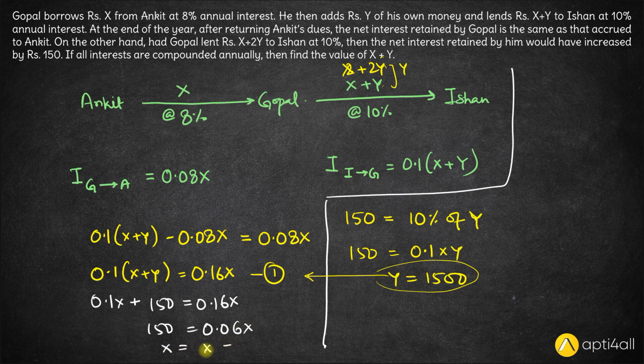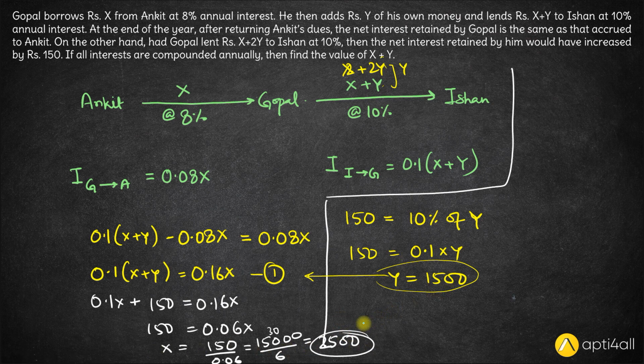So X comes out to be 150 upon 0.06, which is effectively 15000 by 6. So this becomes 6 2s are 12. We have 2500. The value of X comes out to be 2500.